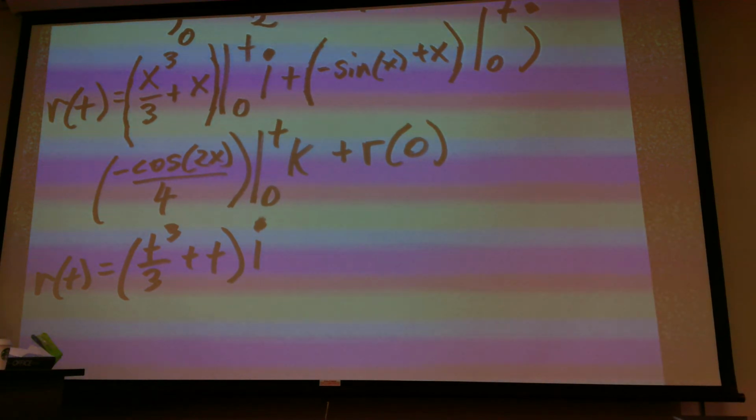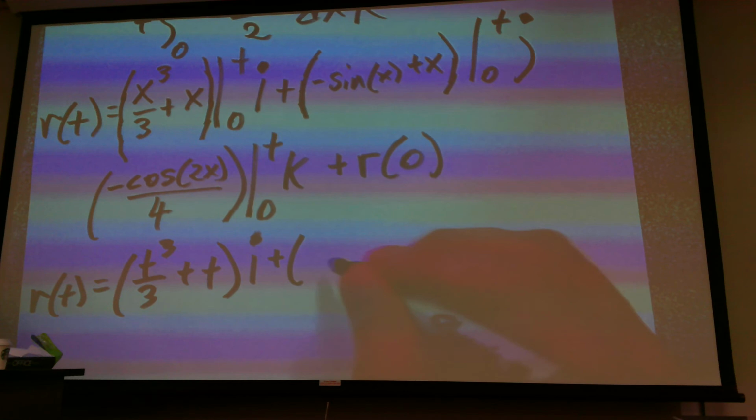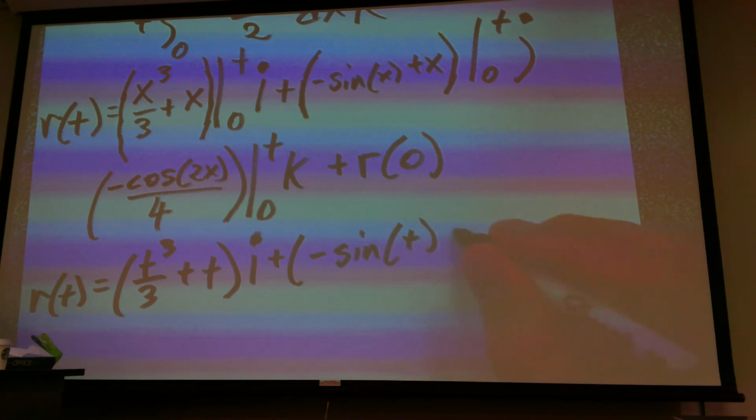We don't have to worry about the 0 on that one because 0 cubed and 0 is 0. And then for the next one, we also don't care about the 0. So that's going to be plus negative sine of t plus t, and that's going to be multiplied by j.